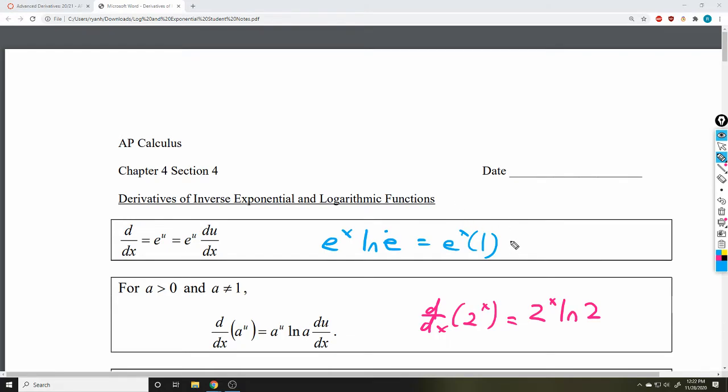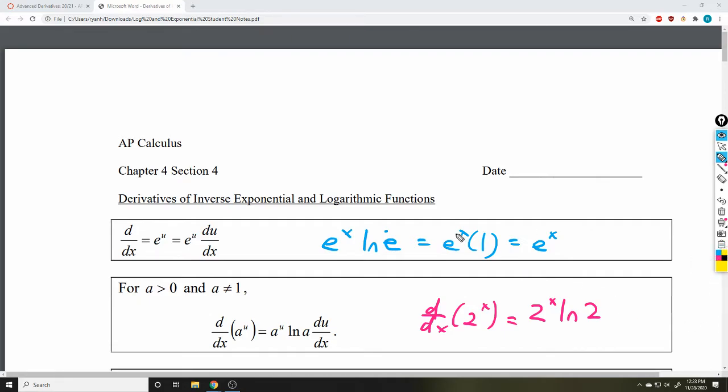Well, that's 1. So the derivative of e to the x is just e to the x. And this is actually what makes e to the x special. That's a part of the reason that we're interested in e, is because the derivative of that exponential function is itself.